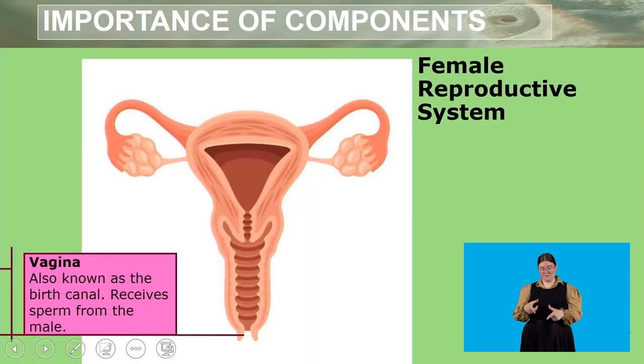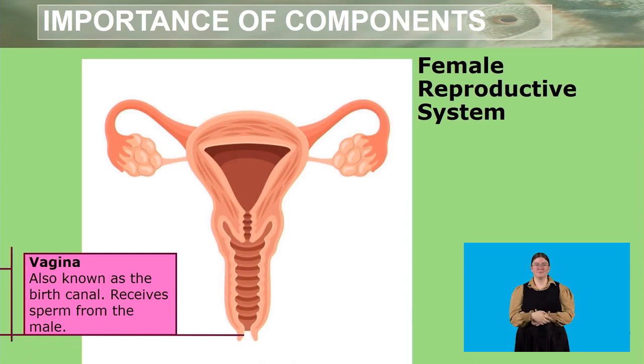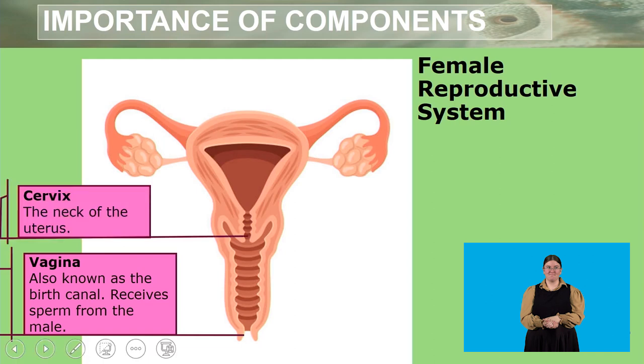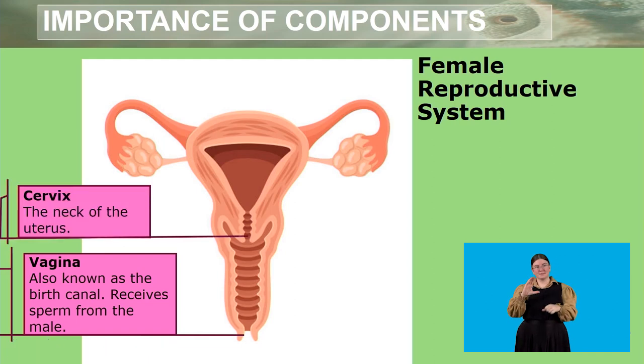Okay, we have the vagina, also known as the birth canal. It receives the sperm from the male. This is when the penis is inserted in the vagina. Then we have the cervix, also known as the neck of the uterus.